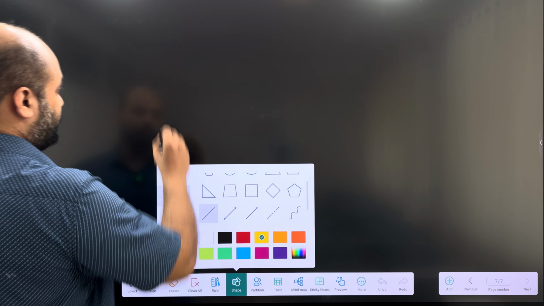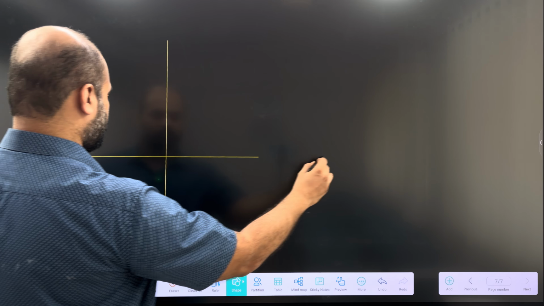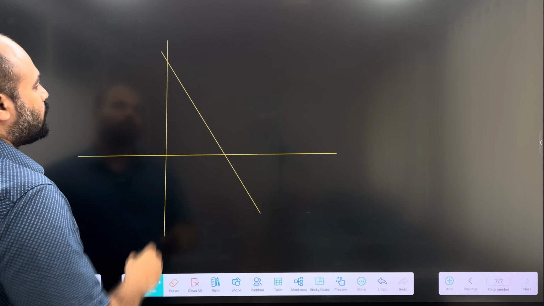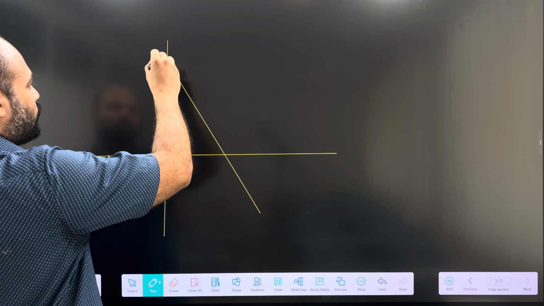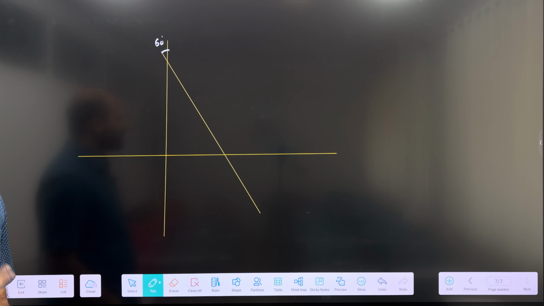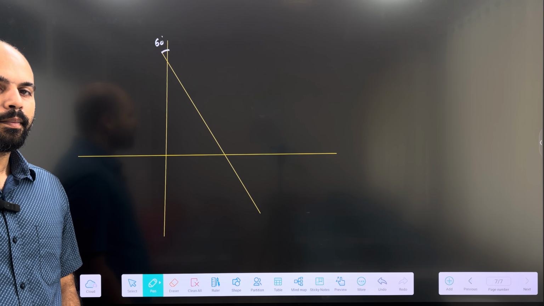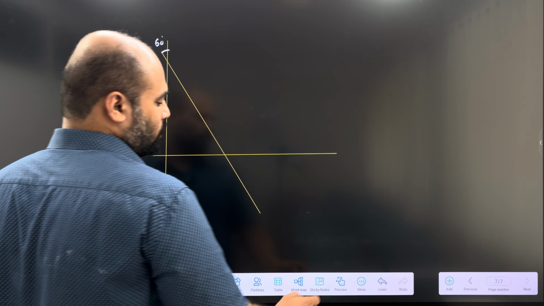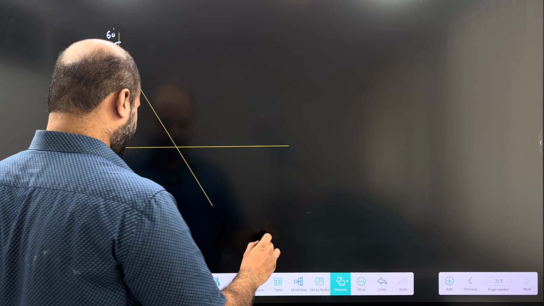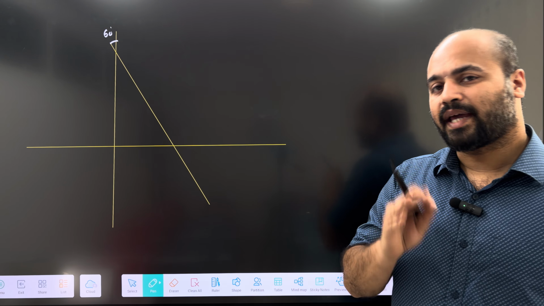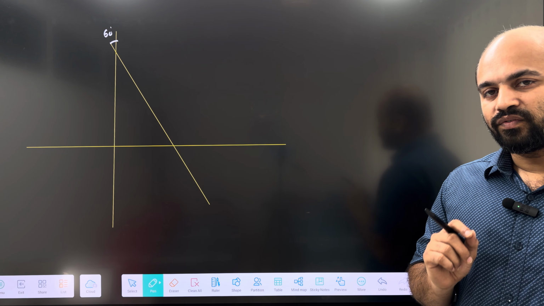Let's take yet another example. Let us say this time we have got something like this, and this angle is given to us as 60 degrees. Now this is 60 degrees, we need to find what is the slope of this straight line. Now of course, to handle this, we need some basic knowledge of trigonometry, and I will always recommend you to remember these bare minimum values of tan of the angle.